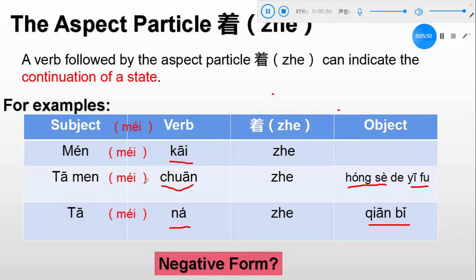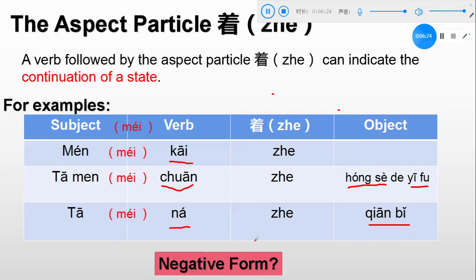好，下面跟我读 statement form. Yeah, positive sentence comes first. Okay. 第一个，门开着，意思是 the door is open. Second one, 他们穿着红色的衣服，意思是 they wear red clothes. 第三个，他拿着铅笔, he holds pencil.